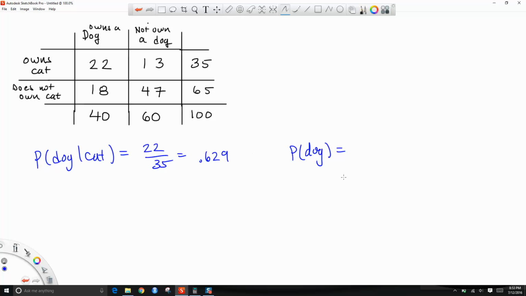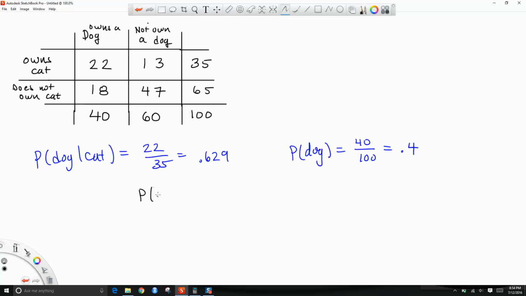And the probability of dog overall is 40 divided by 100, 0.4. So these two numbers are not equal.